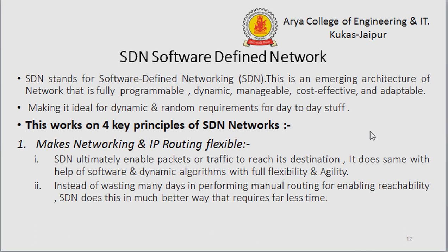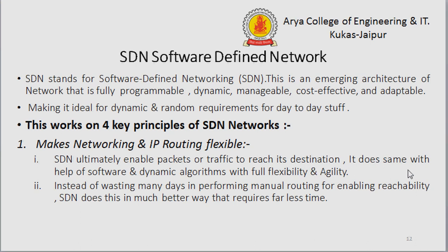This works on 4 key principles of an SDN network. The first one is that it makes networking and IP routing flexible. SDN ultimately enables packets or traffic to reach their destination.